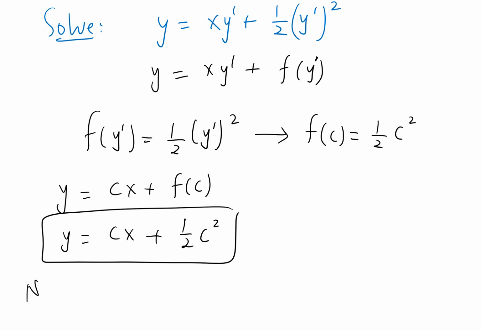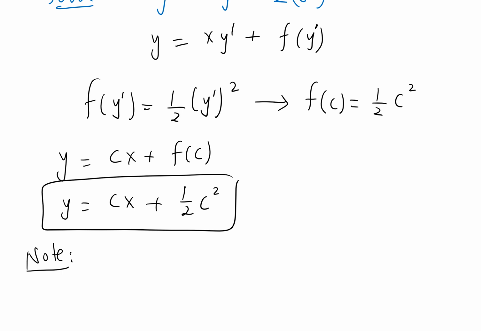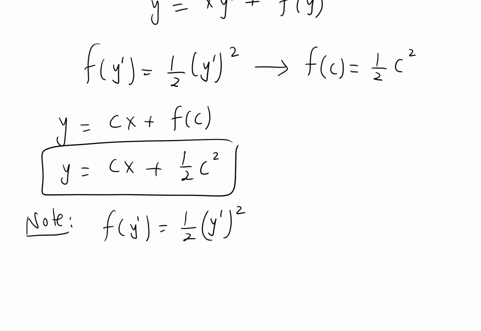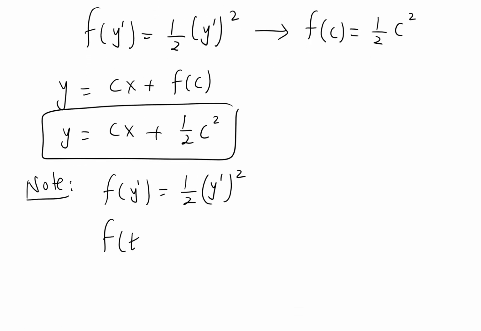Note from f of y prime equals 1/2 y prime squared, we can find f of t. F of t is 1/2 t squared if you replace y prime with t.